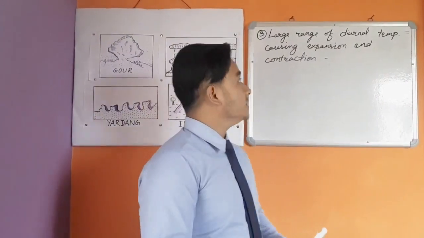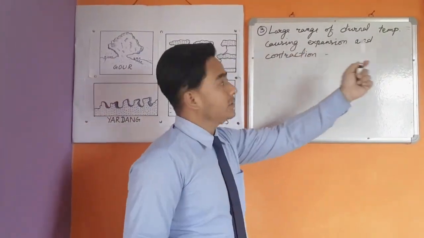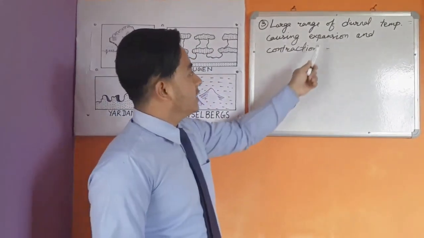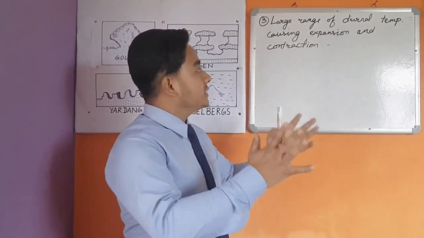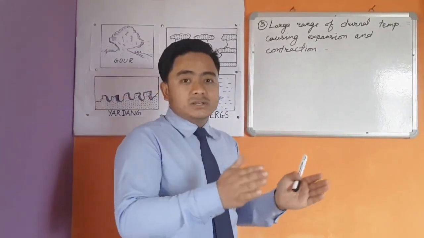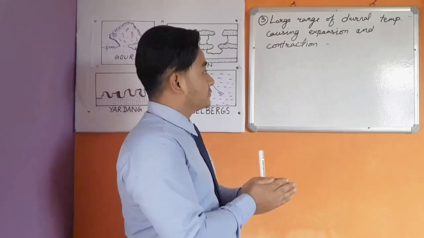The third cause is large range of diurnal temperature causing expansion and contraction. Expansion means to increase the size and contraction means to decrease or reduce the size.